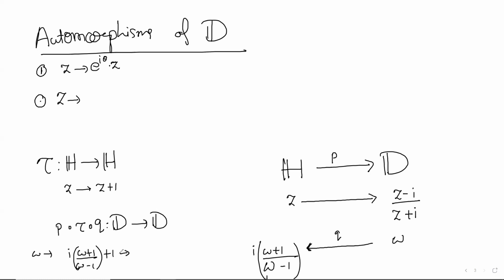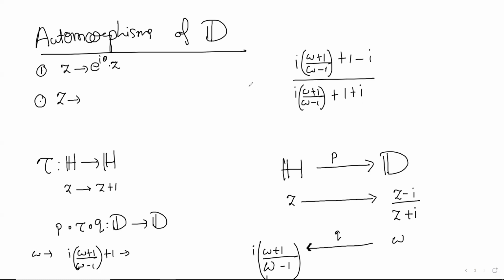We applied Q and tau at the same time. Now you apply P. So we do it separately. I omega plus 1, omega minus 1, 1 minus I plus 1 plus I.